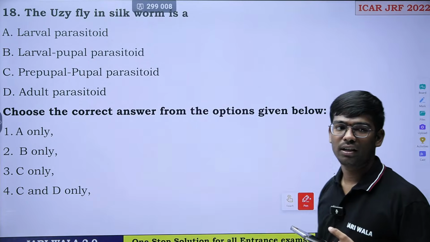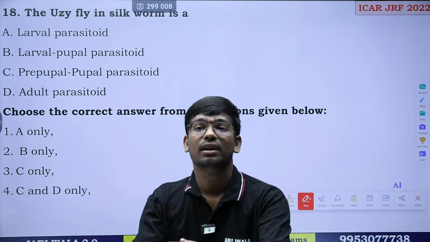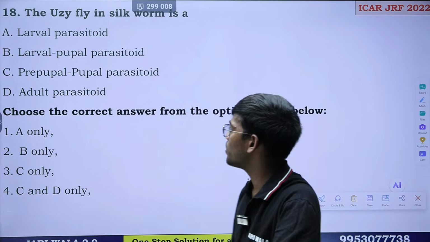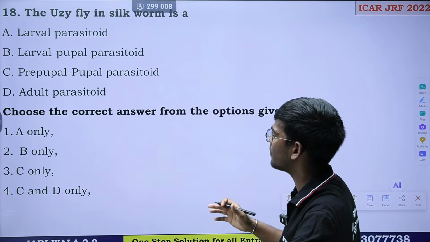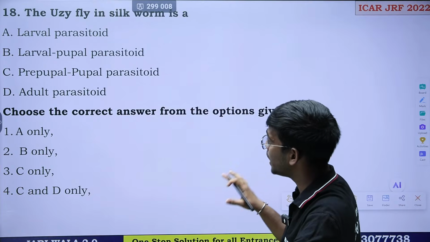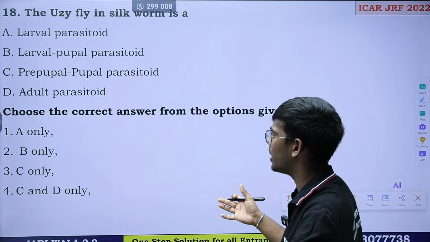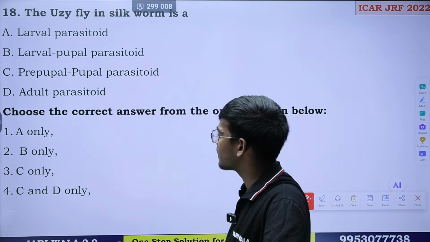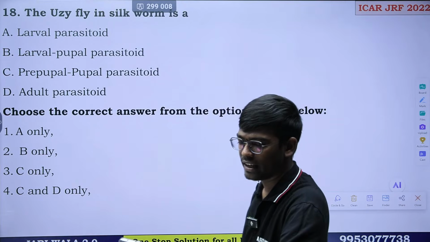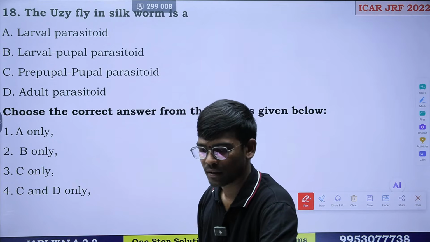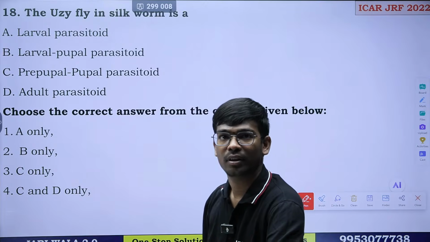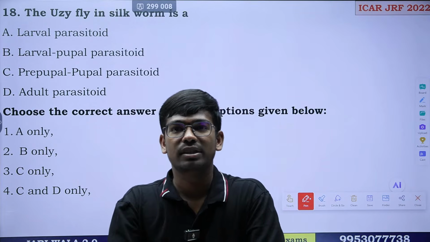And the next question: the oozy fly in a silkworm is, here they have given 4 options again: larval parasitoid, larval pupal parasitoid, pre-pupal and pupal parasitoid, and adult parasitoid. Yes, anyone? Anyone knows this answer?